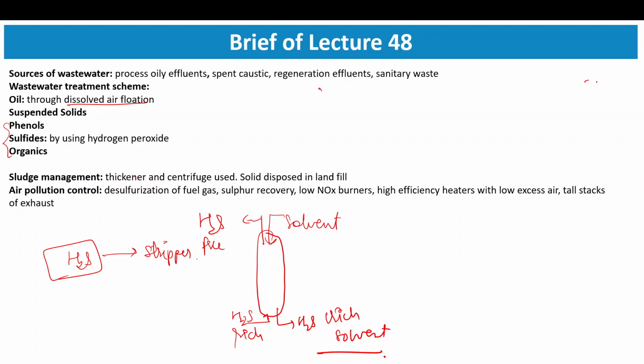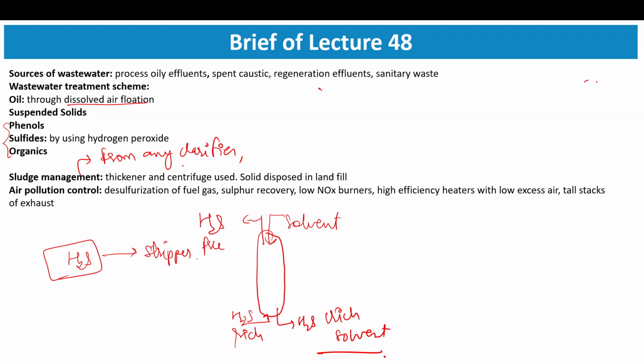Now the sludge that is obtained can be from any clarifier during wastewater treatment, or if you talk about the vacuum distillation unit, there are chances that solids are formed at the end as the end byproduct, which could be coke.